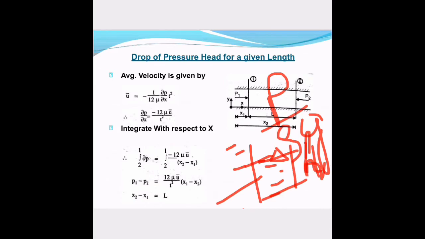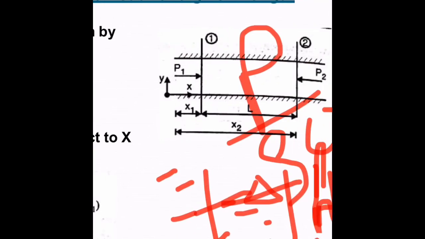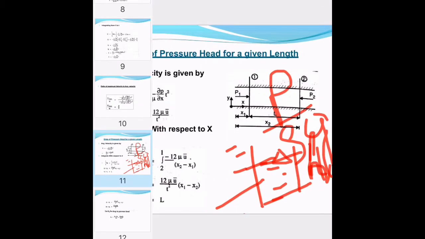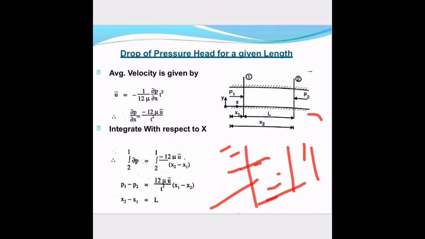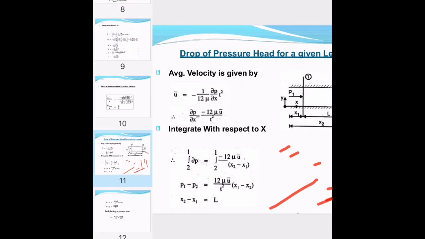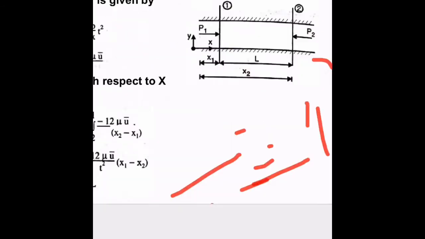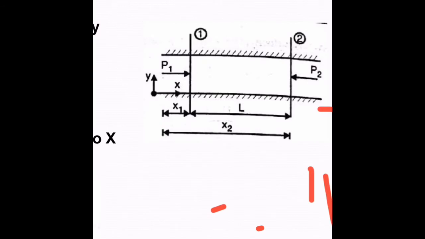Here we have taken two cross sections, 1 and 2. Let the distance between the two cross sections be L, and L is given by x2 minus x1. From the figure you can find L equal to x2 minus x1.